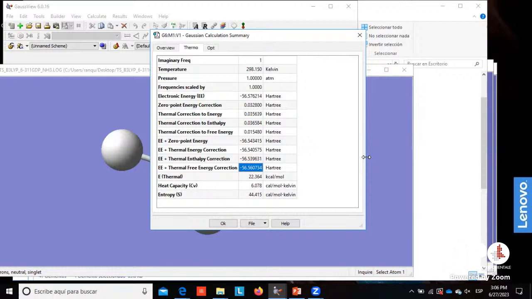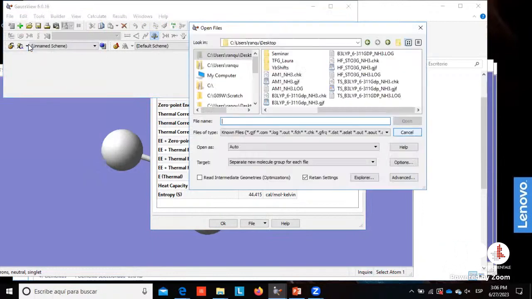So maybe I should write down, can you tell me the energy? Minus 56.56. Right, and this is for the transition state. So now we need the same value, but for the ground state.